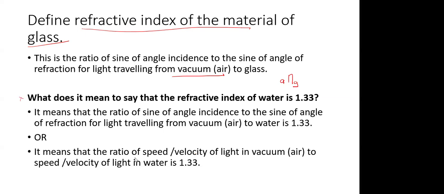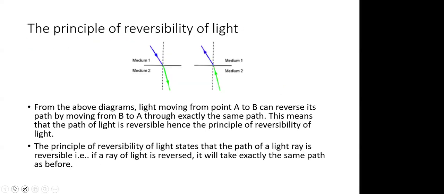Okay, I think people have finished. Okay, we can proceed. Then we have another law we call the principle of reversibility of light. Now, this is an important principle that at times can even act on our lives. There are some things that we do in life that cannot be reversed, but there are some things you do that can be reversed.